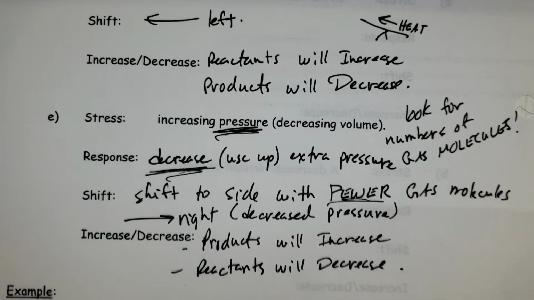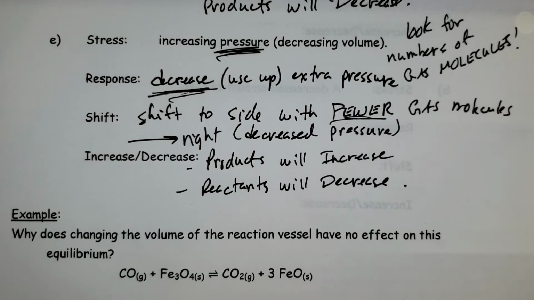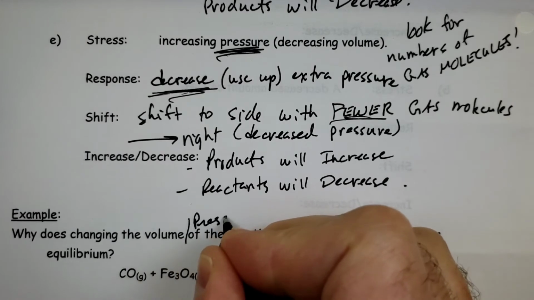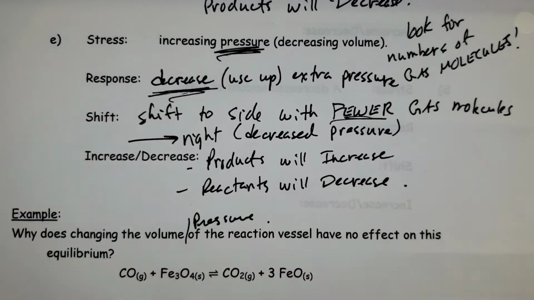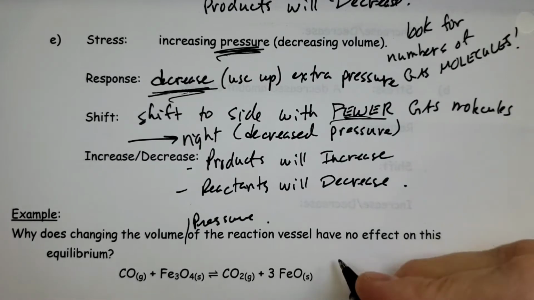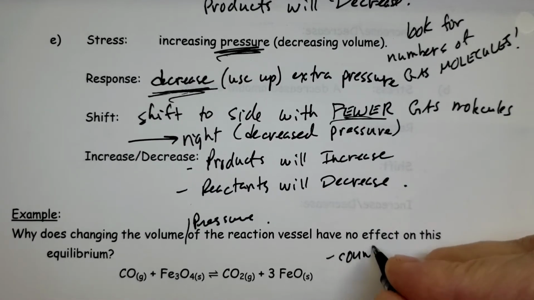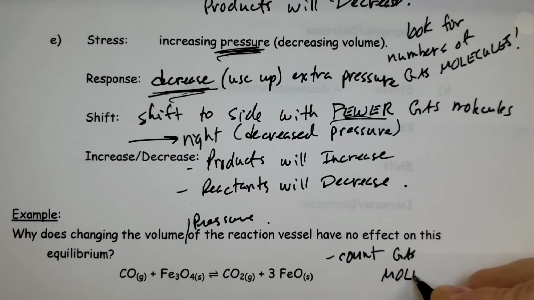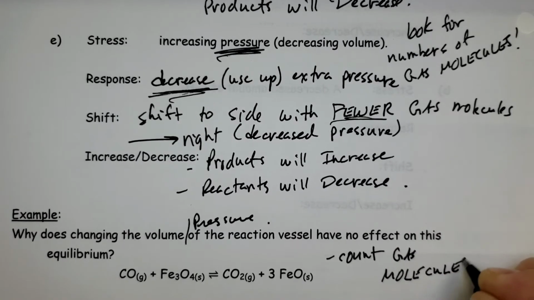All right, last example here. What if changing the volume of the reaction has no effect? Remember, volume's the same thing as pressure. Well, it's vice versa, right? If we increase volume, we reduce pressure because more room means less pressure, with molecules hitting each other less. It has to do with count gas molecules.